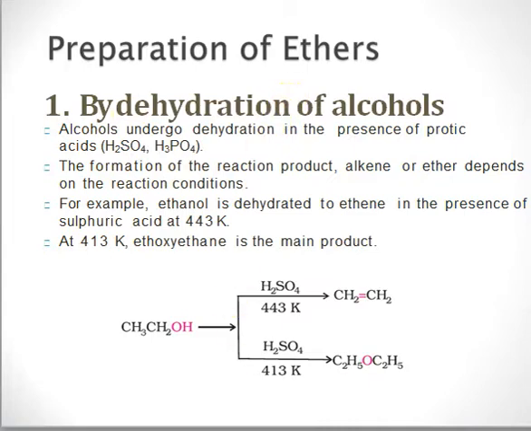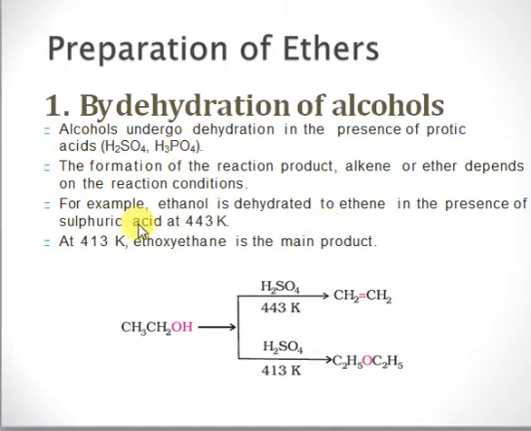So if we have, suppose, two alcohol molecules and we carry out the intermolecular dehydration of alcohols, then we can get ether. For carrying out the dehydration, we have to make use of protic acids. So we make use of sulfuric acid or phosphoric acid.